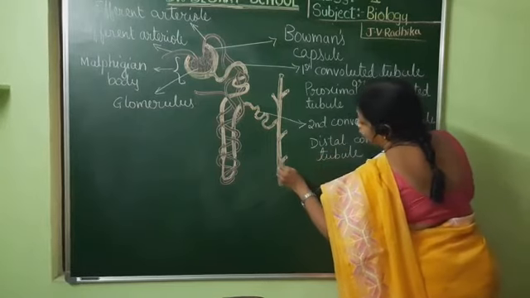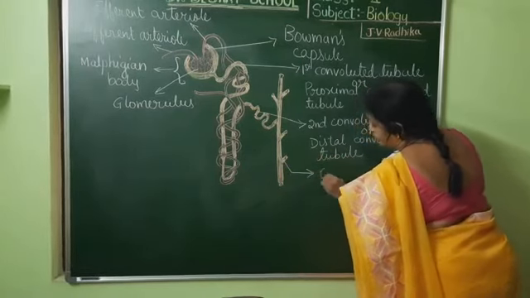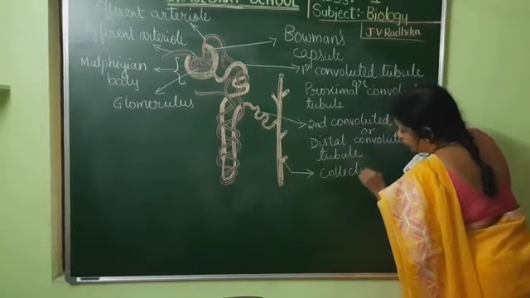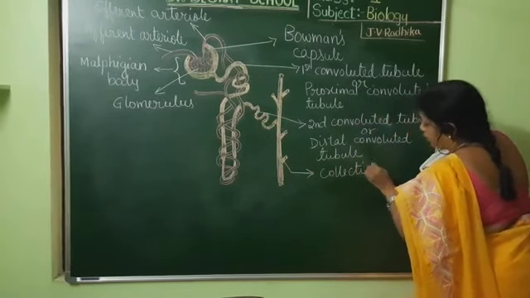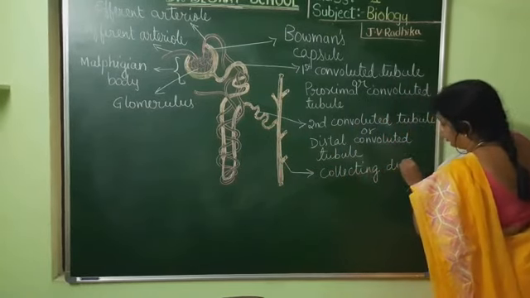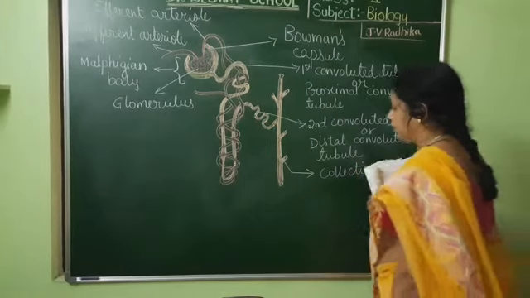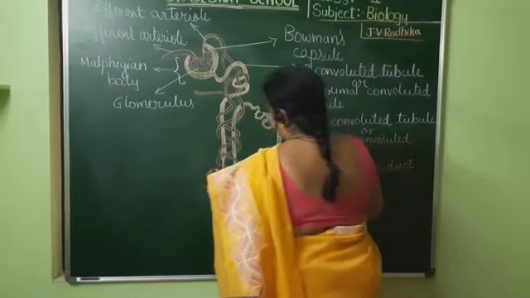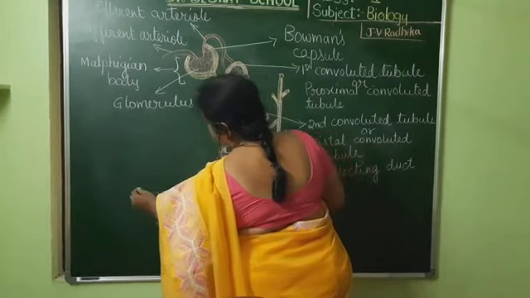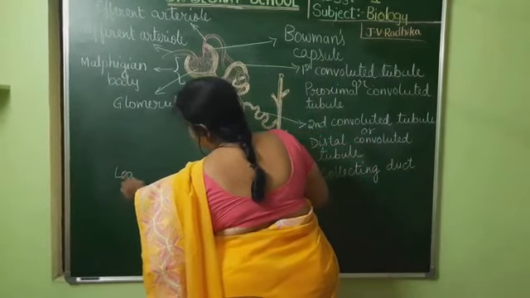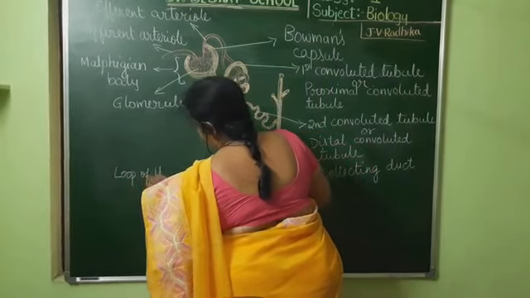And this one is the collecting duct. Next one is the loop of Henle or Henle's loop.